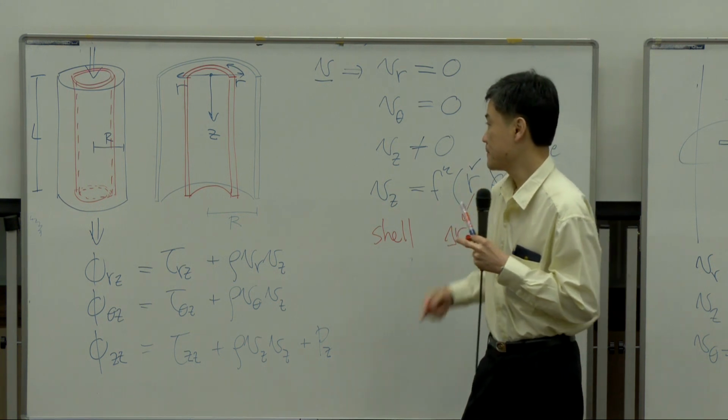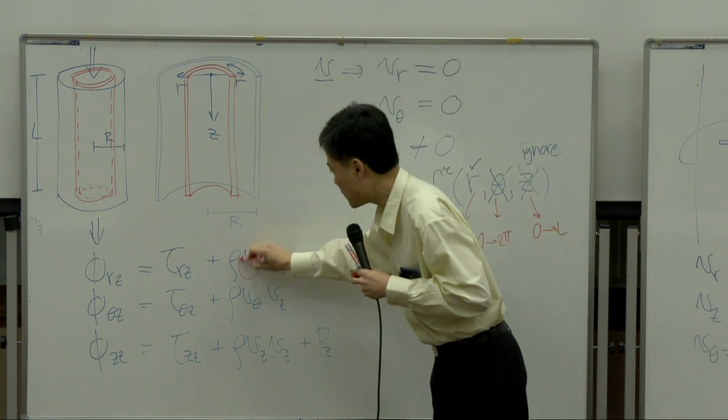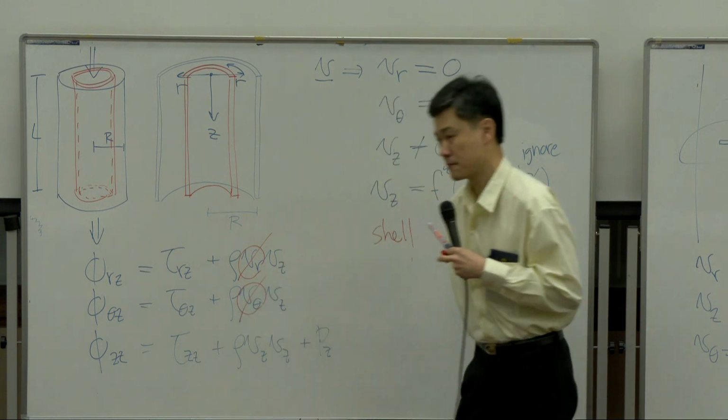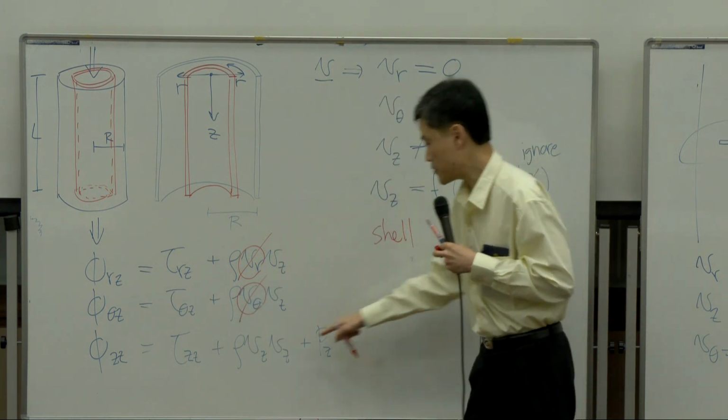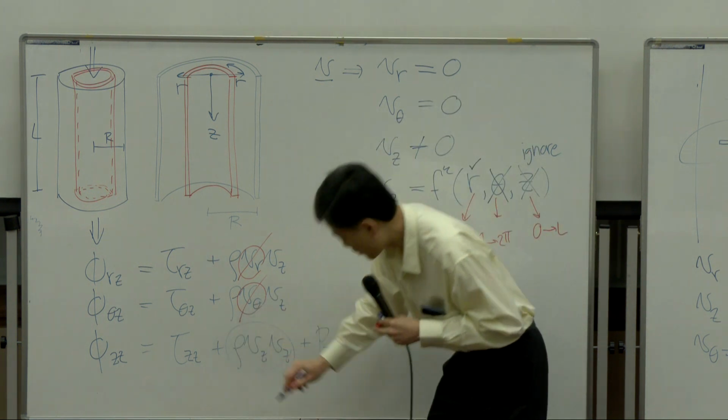Okay? And now since we already identified that Vr is 0, this term will be 0. Vz is not 0, so you have to keep this term. At least this term is not 0.